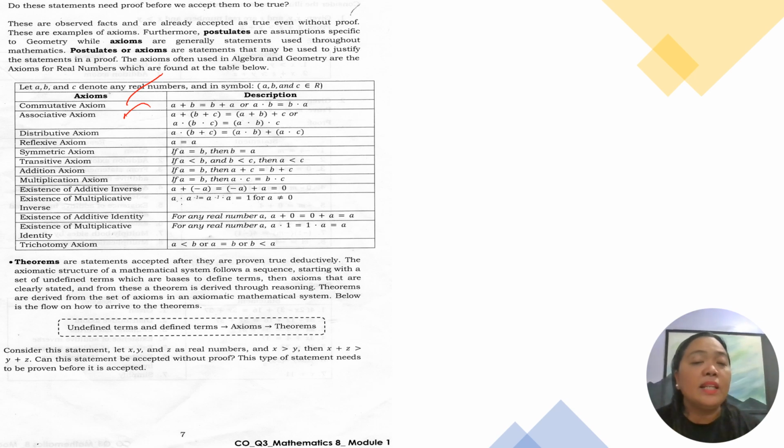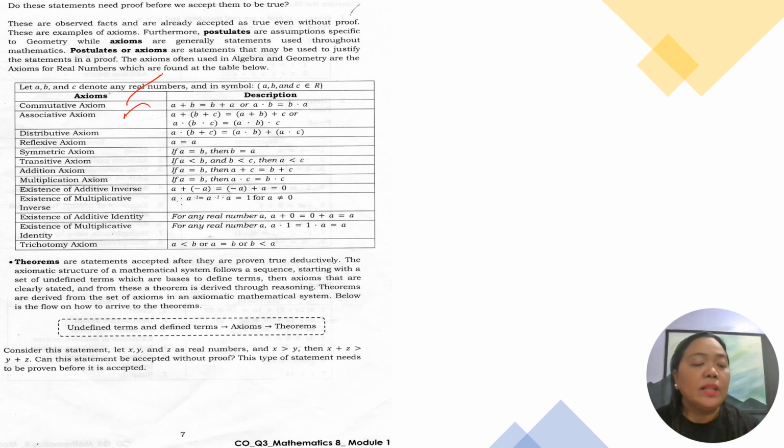Let's go to the symmetric axiom. In the symmetric axiom, if A is equal to B, then B is also equal to A. Transitive axiom.